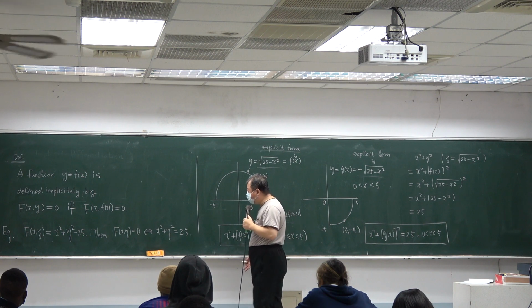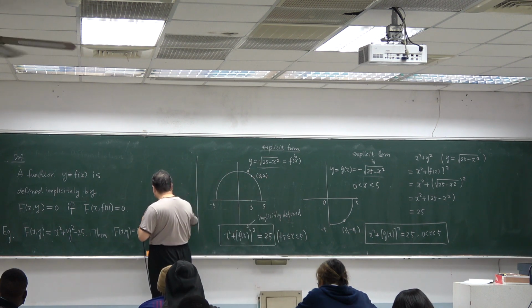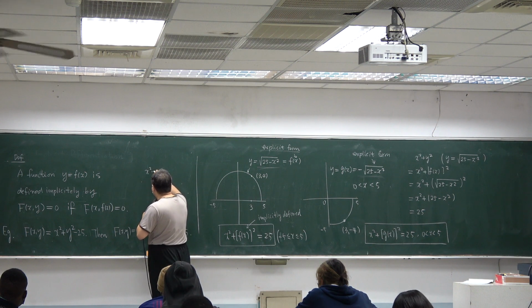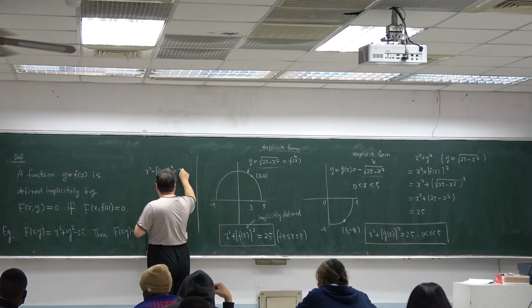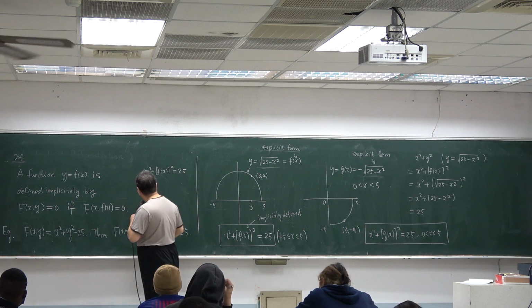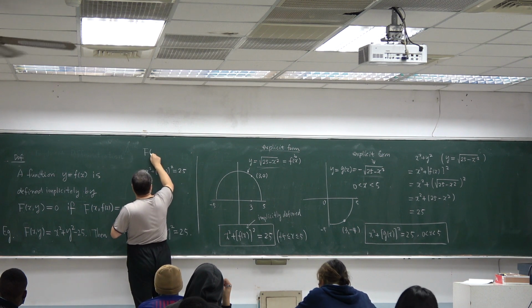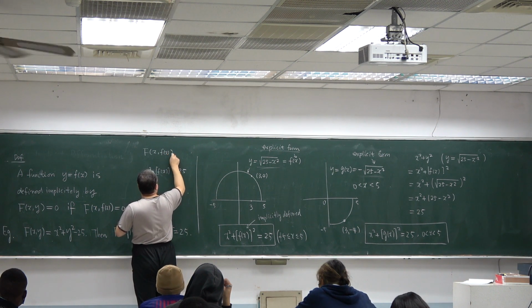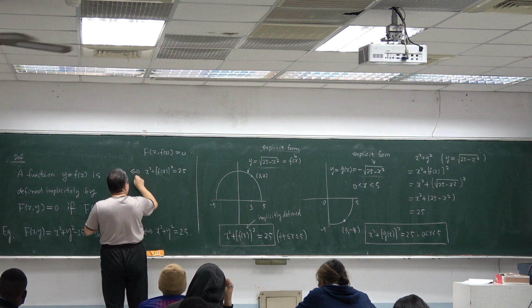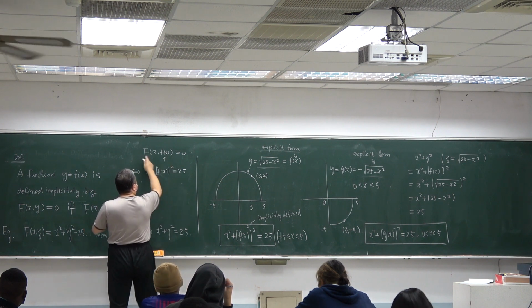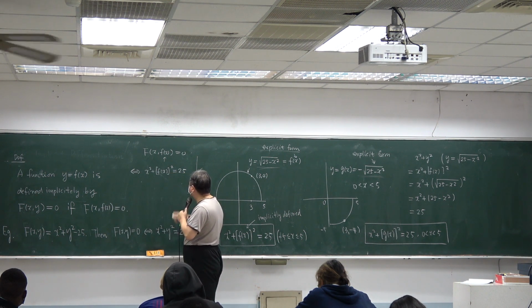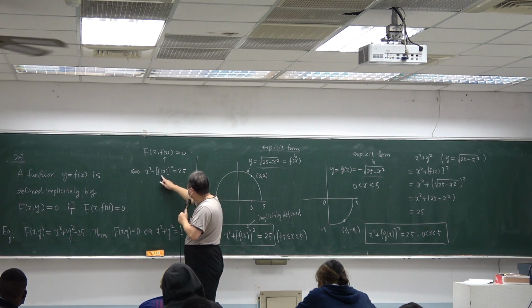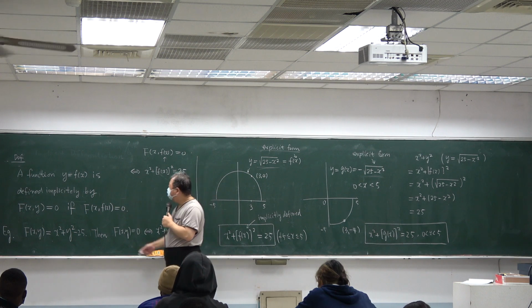Okay. Any function satisfying x squared plus y squared equals 25, or satisfying this relation, equivalently in this example, satisfying this equation, is called a function defined by this equation.